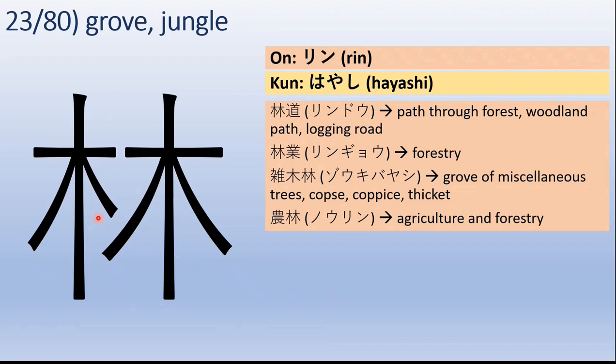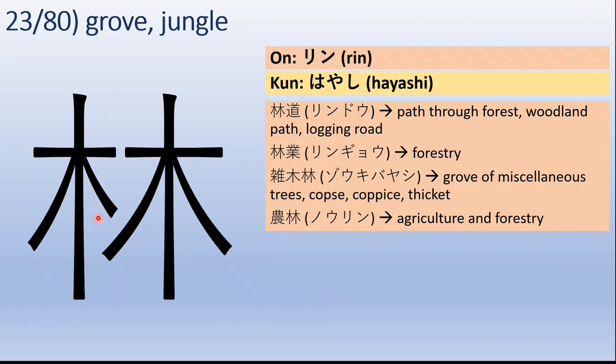The first one is rindo, which is a path through forest, woodland path, or logging road. Then we have shinkan. Then we have ringyo. Ringyo is forestry. Then we have zoki bayashi, which is the grove of miscellaneous trees, copse, coppice or thicket.